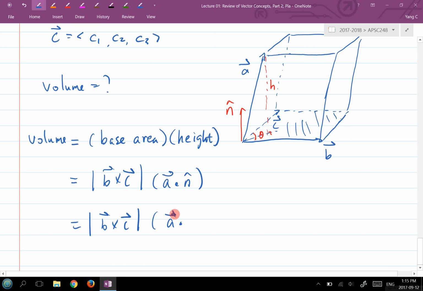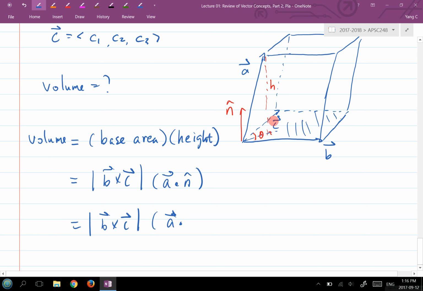If you already have B and C, what will be n hat? Or maybe ask this way: can you find a vector that is perpendicular to the plane formed by B and C?